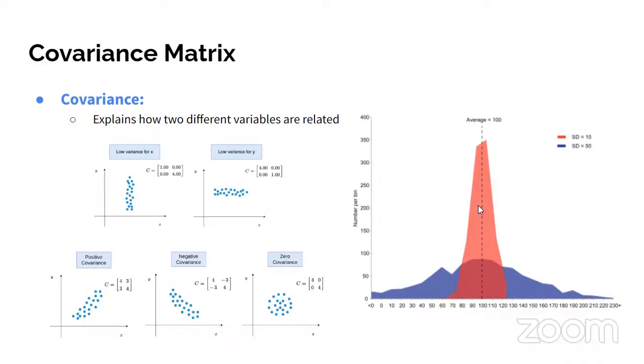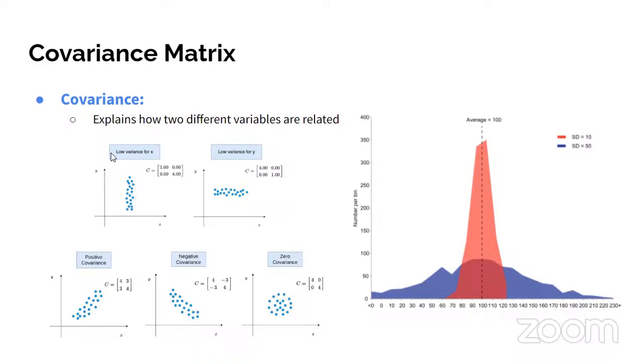If it's like this, you have lower variance. But what if two or more variables come into the picture? That's where covariance comes in. So I have two variables, x and y. I want to know how these two variables are related to each other. Here are the variances, each being the covariance of a variable with itself.